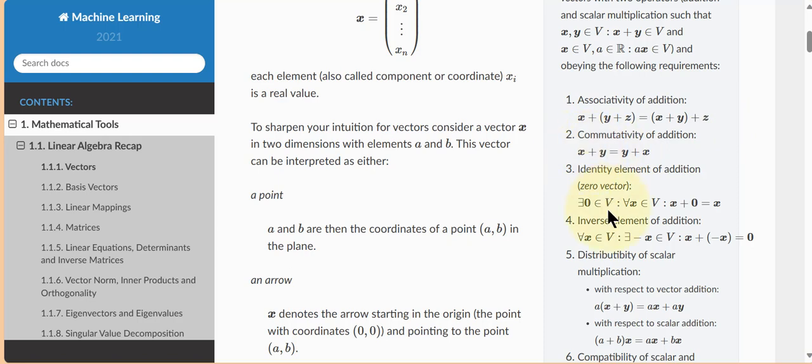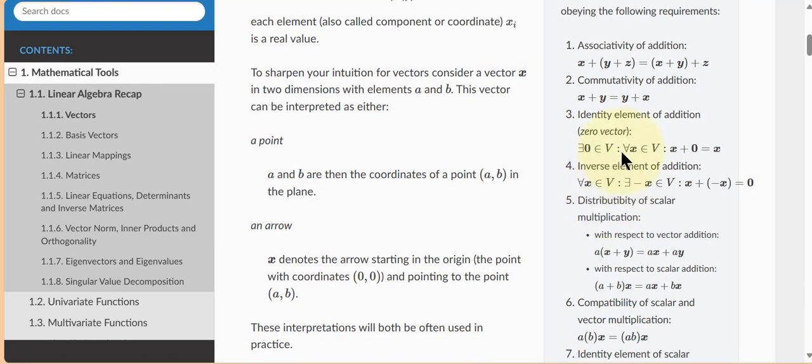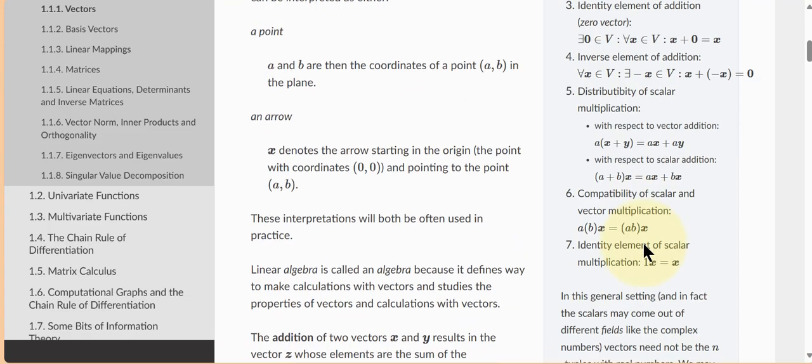Then we have to think about what's the zero element, or the identity element, for function addition. That's just the function which is set equal to the constant 0. You can confirm that yourself, and you can check all these other properties, and they're all going to work.